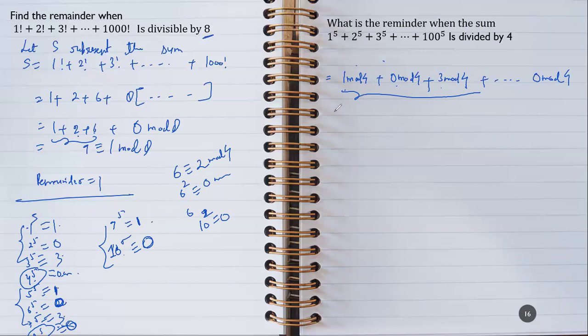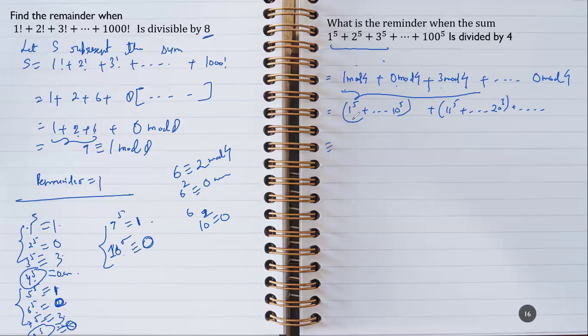So between 1 to 10, the sum is 9 mod 4. Then again 11 to the power 5 up to 20 to the power 5, and the series will go on up to 100.